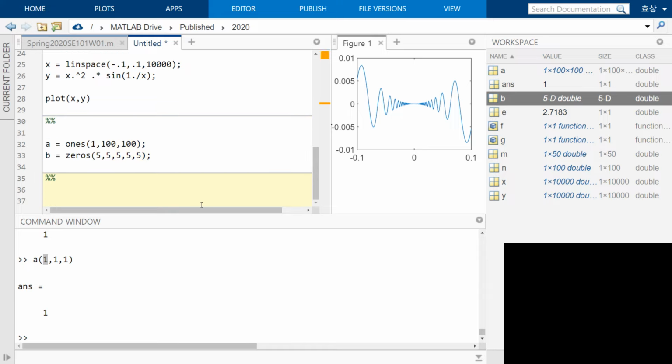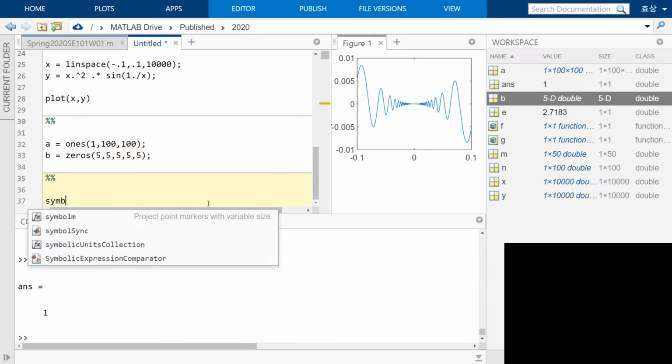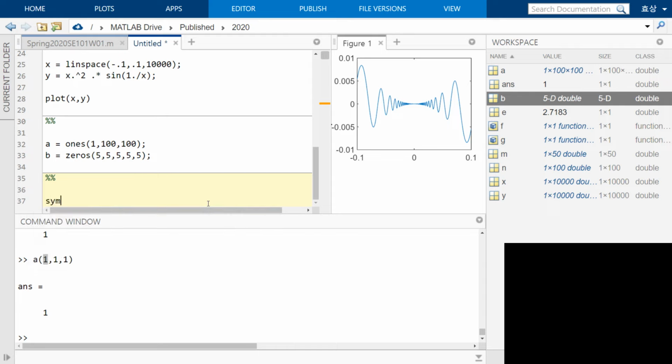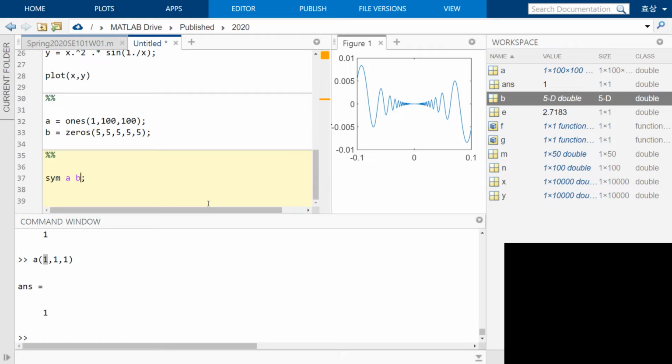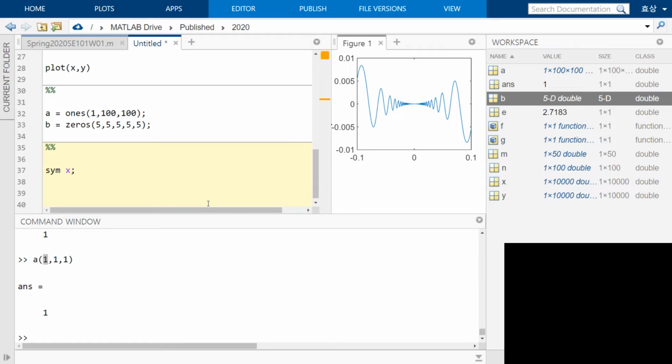So this is a side note. It's almost over. Let's say we define x here, syms x. Basically a MATLAB variable only contains values or arrays of values, but I can define my variable as symbolic.